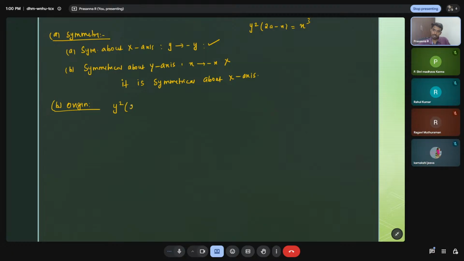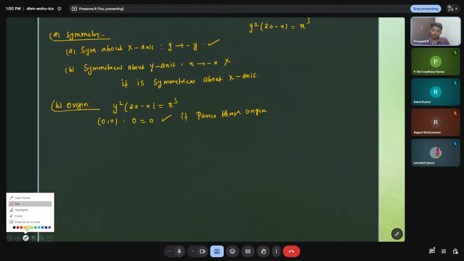We have y square into 2a minus x is equal to x cube. Substituting 0 comma 0, we have 0 is equal to 0. So it passes through the origin. Very important: if it is passing through the origin, you have to find the tangent at the origin.